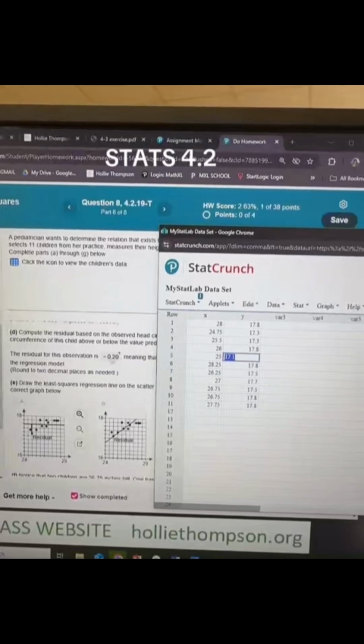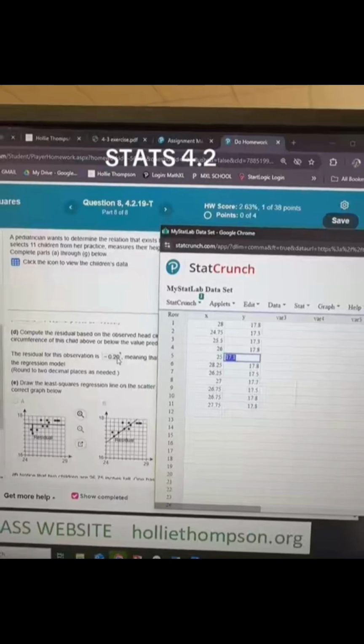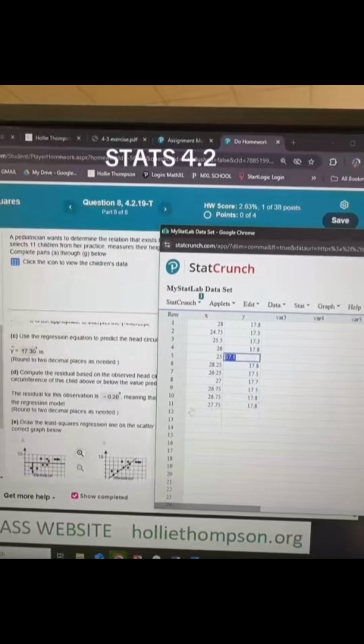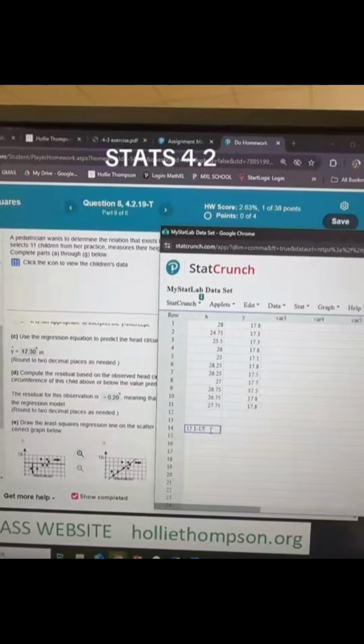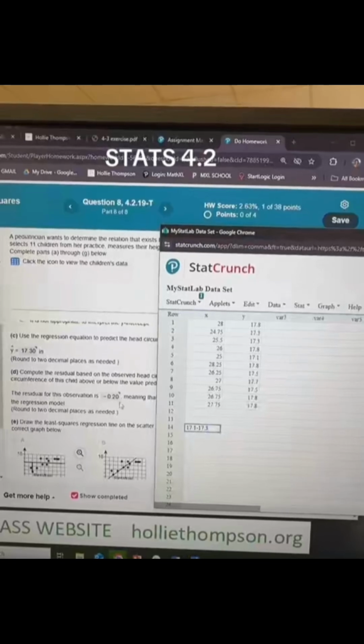So to get this number, it is this number first, and from the table, minus what you got here. So this would be 17.1 minus 17.3. And that will give you negative 0.2.